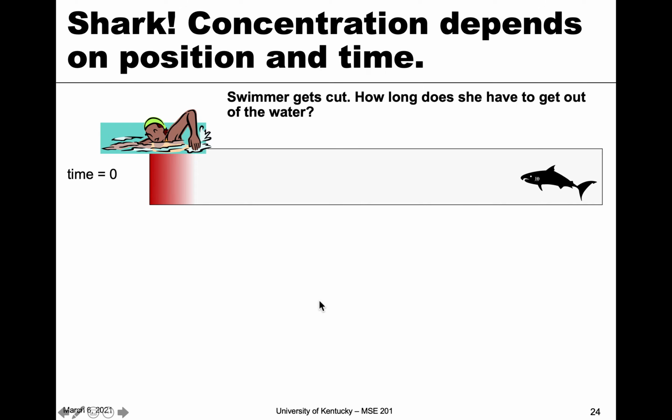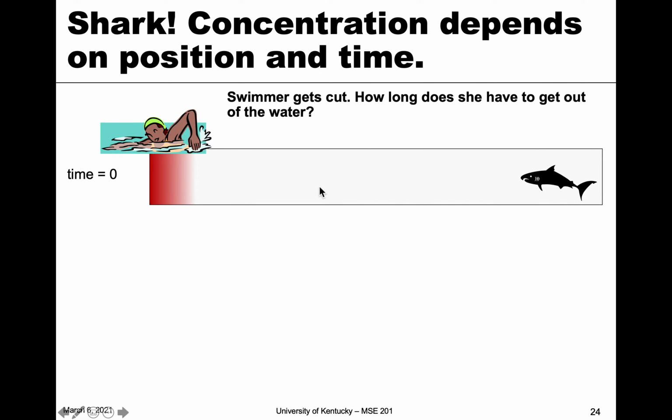And so you can imagine that you're a swimmer out in the ocean, and here's a shark over here, right? And so if you get cut, what does the diffusion situation look like in this case? So if you get cut initially, your blood is located very close to you.